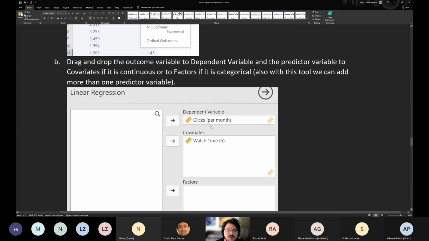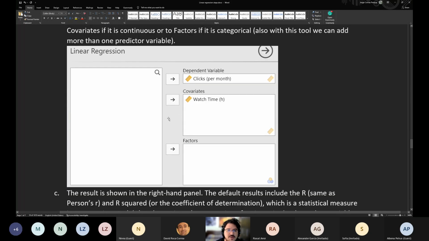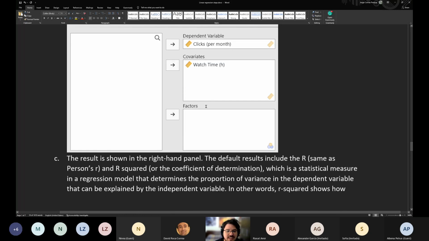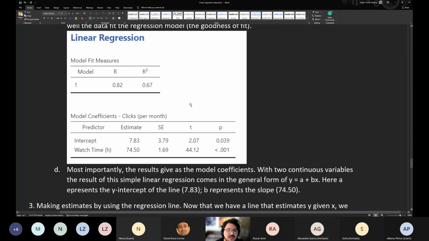So you will have to use a bit of ingenuity: instead of having just 1 covariate, you will probably have 2 covariates, and that's it. And then we can see what is relevant about that regression that you're going to get. All right. I hope that answers the question.